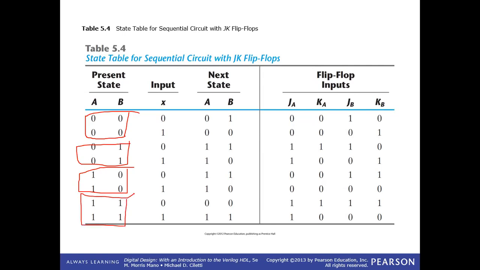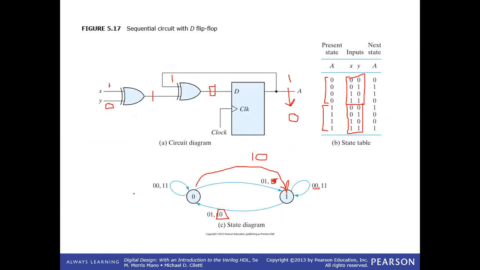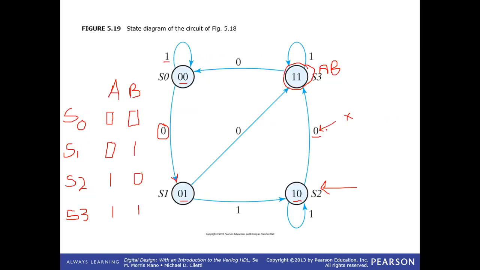Similarly, how many states in this one? A is 0 or A is 1. So the first thing, after you have identified the states, you write those states separately in these circles. Like you write state number 1, state number 2, state number 3, and state number 4.